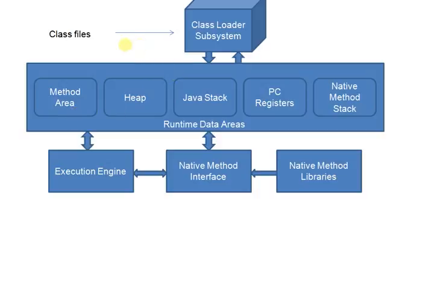The class loader subsystem consists of 3 different tasks. First, it loads the .class file into memory. Second, it will verify the bytecode instructions. And third, it will allot the memory required for the program.